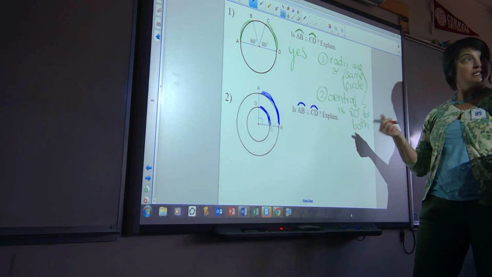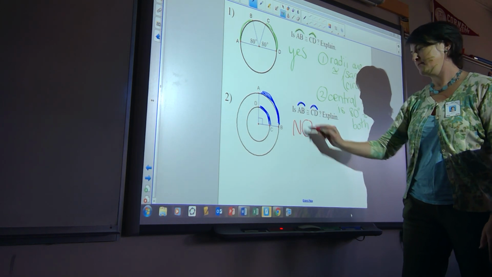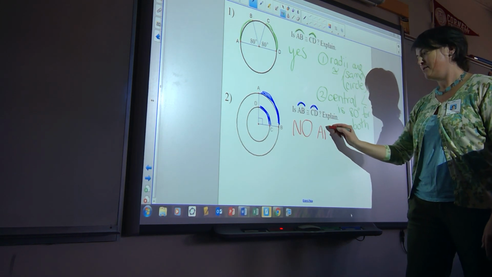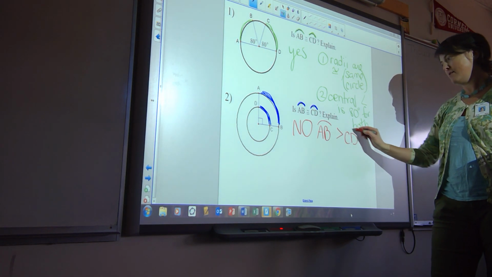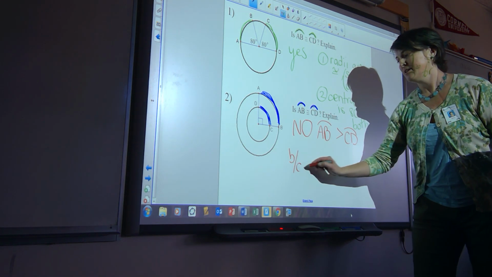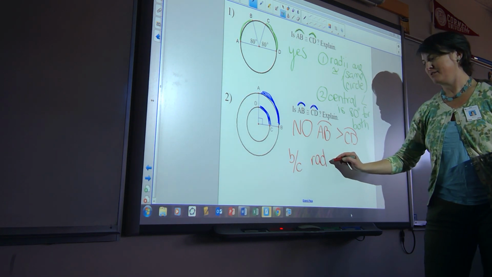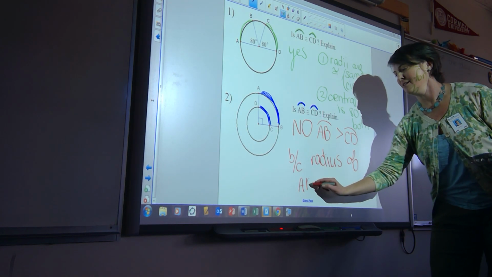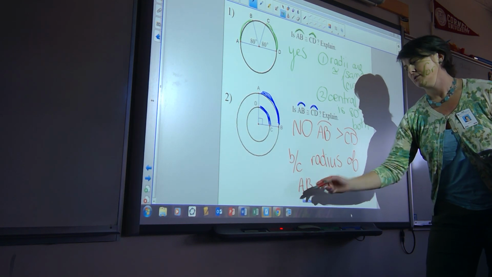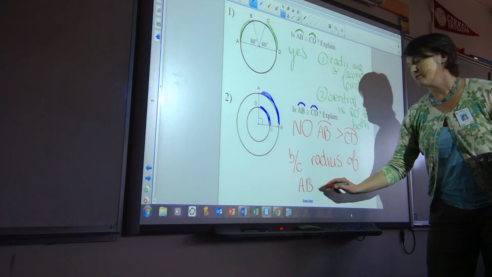So are the arcs the same length? No. Arc AB is going to be greater than arc CD because the radius of the circle that has AB is greater.